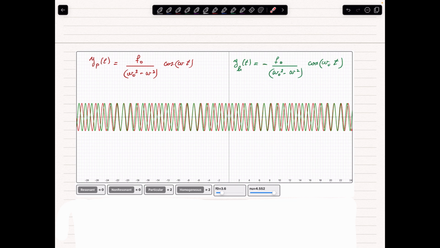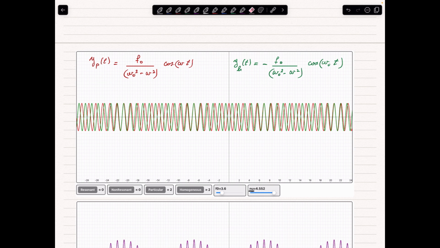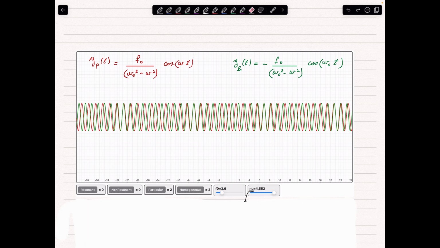Recall this nu: this nu is actually the driving frequency, and the picture here is for omega 0 equal to 5.